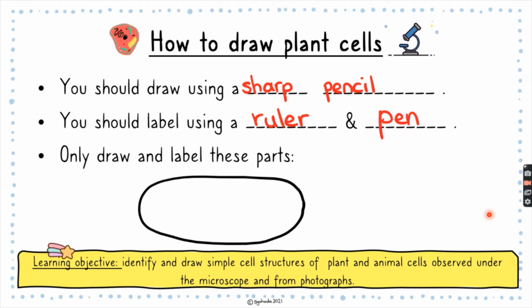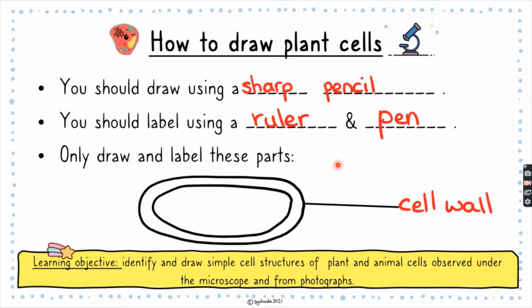So the outside part, this time it's not the cell membrane, but this time it is called the cell wall. So note that when we draw a plant cell, we draw them kind of like a long rectangular-ish shape like that. Okay, now we draw a similar shape but a bit smaller on the inside. And finally, we have the cell membrane.